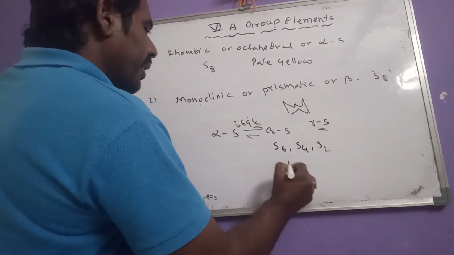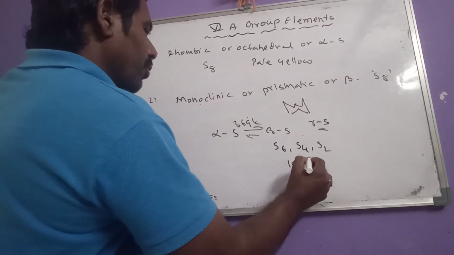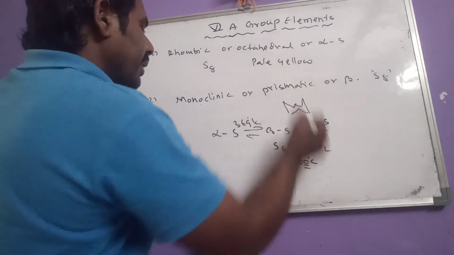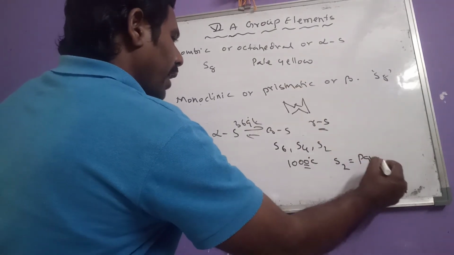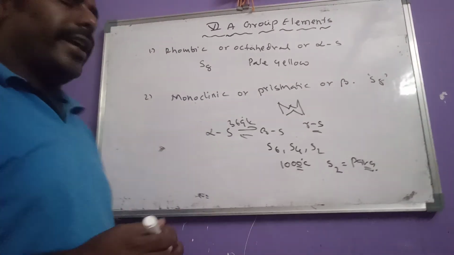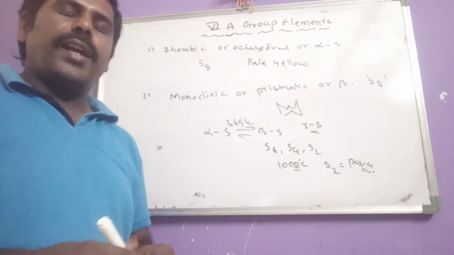And at elevated temperature, that means at 1000 degrees centigrade, this S8 converts into S2, and it also has paramagnetic nature.